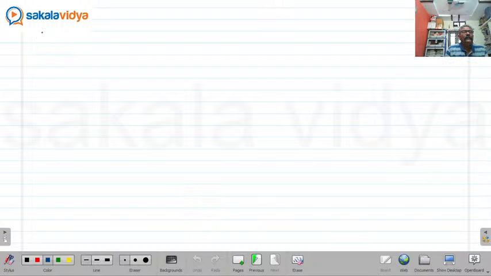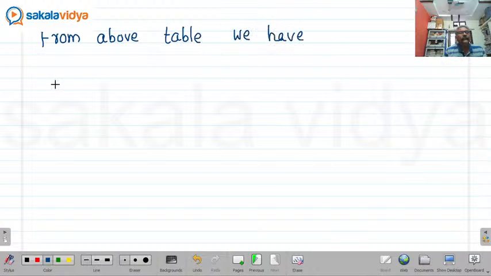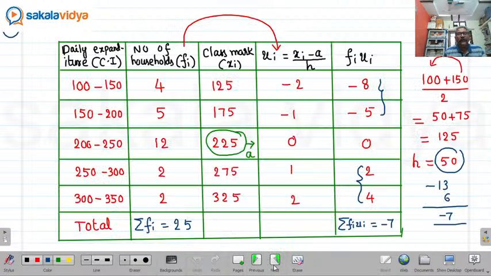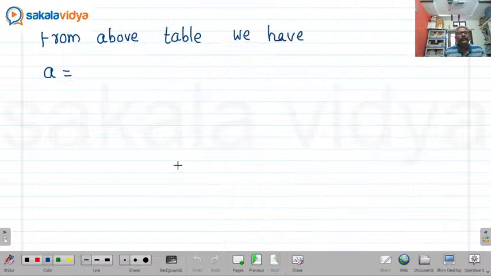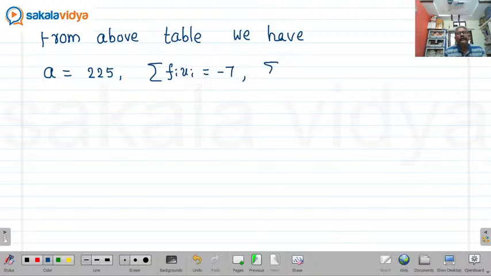From the above table, we have small a equals 225, sigma Fi Ui is equal to -7, sigma Fi is 25, and H equals 50.